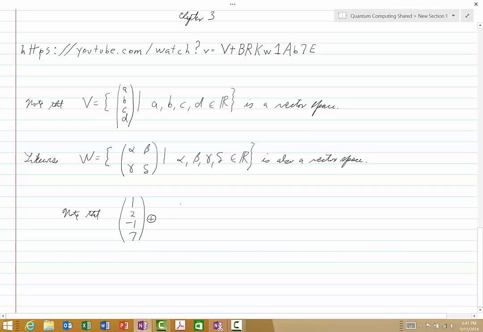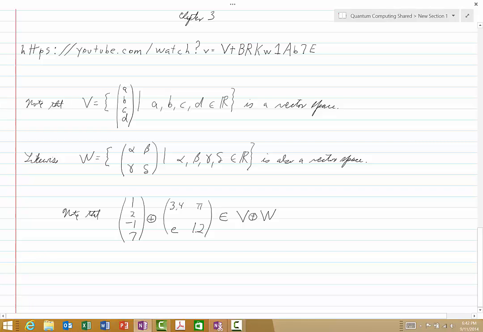So that plus (3.4, pi, e, 1.2). Now note that that's an element of V plus an element of W. So this is an element of the direct sum of the vector spaces V plus W.